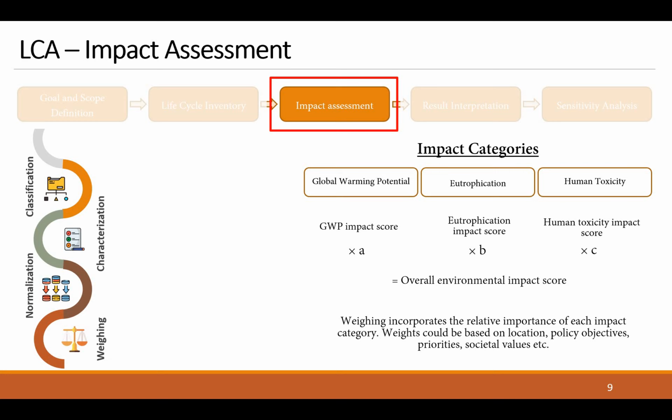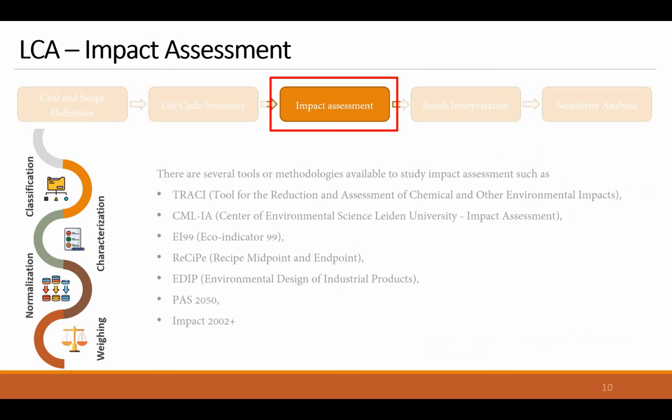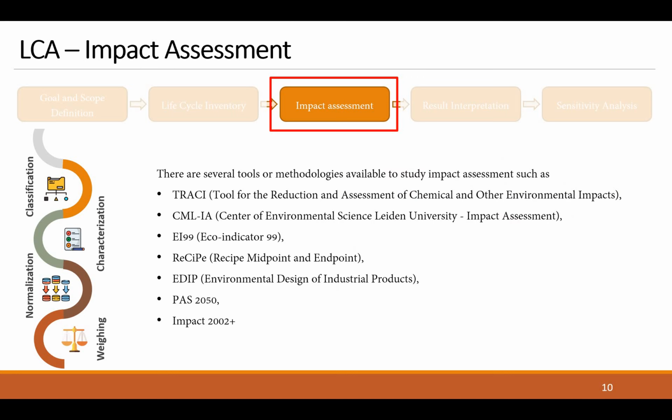We can present different graphs by adding all these scores and measuring how our product or our service is performing better than any other competitor of ours, or any previous product we used to produce, or whatever way we want to use our results. So that's where the result interpretation and sensitivity analysis comes into the picture.